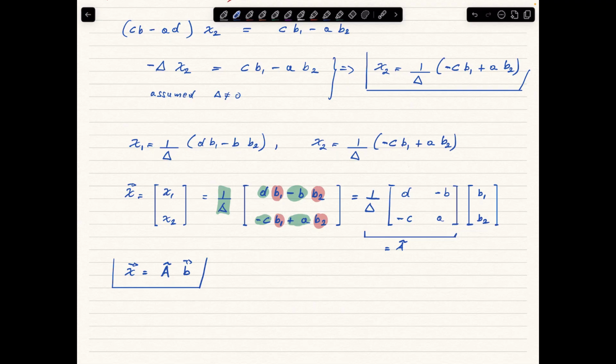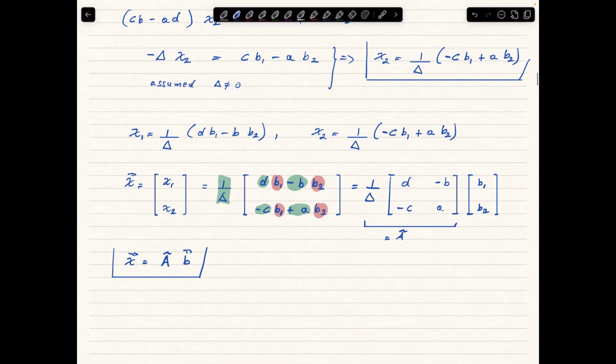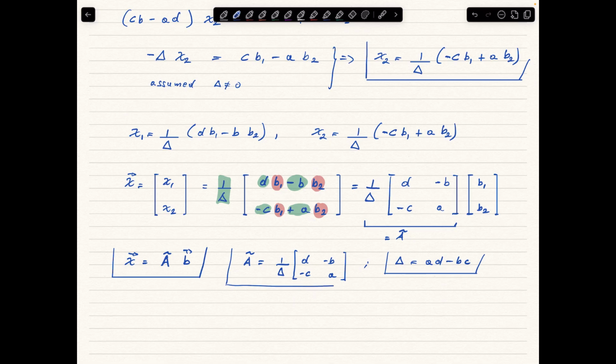So now, what is A tilde? Let's write it down clearly here. A tilde is 1 over delta times D, minus B, minus C, A. And what was delta? Delta was AD minus BC. So this is our inverse matrix.